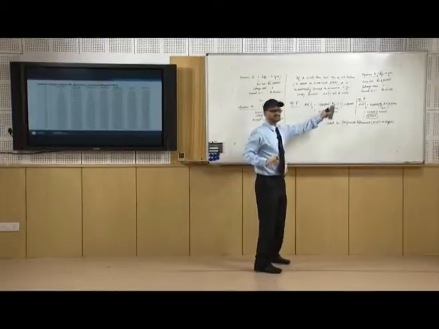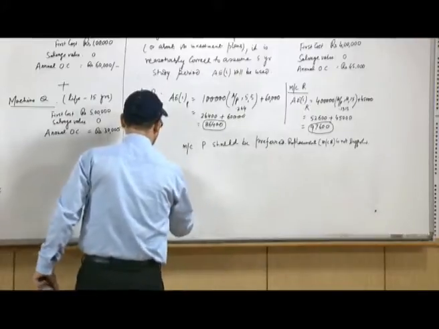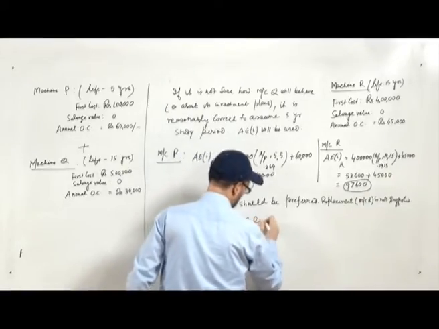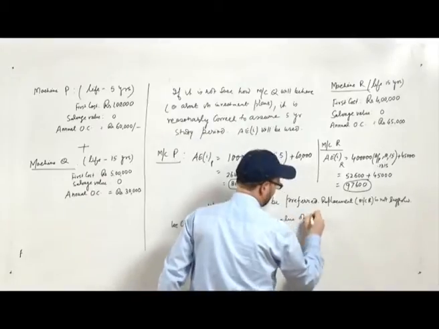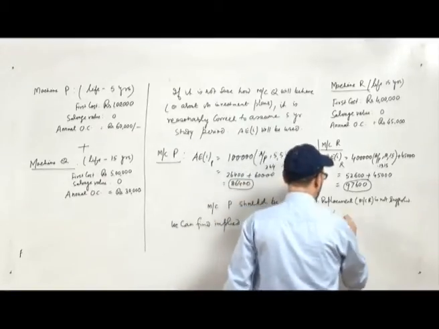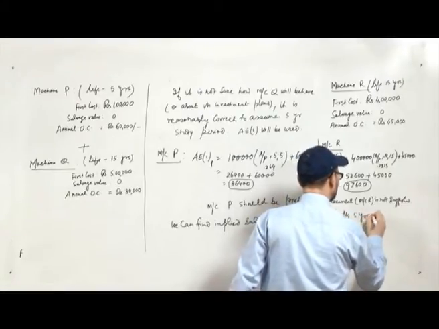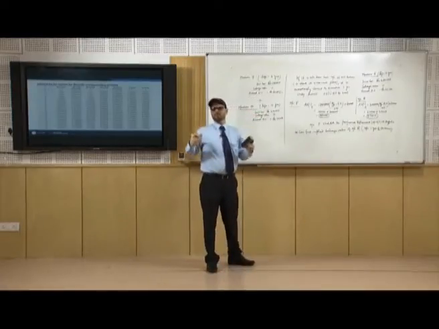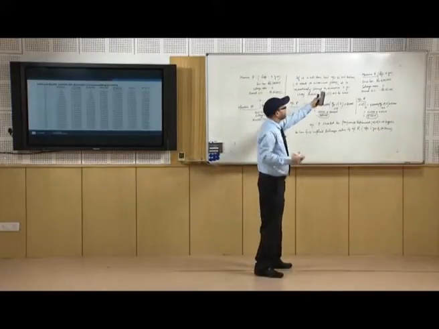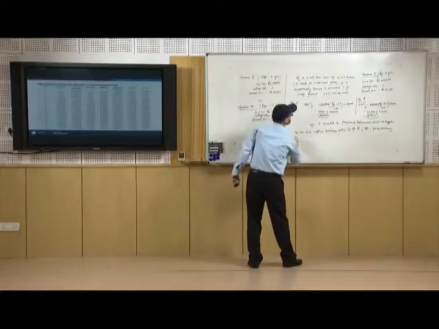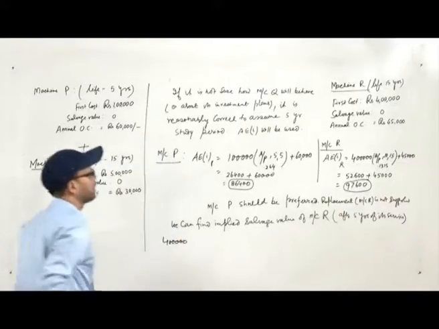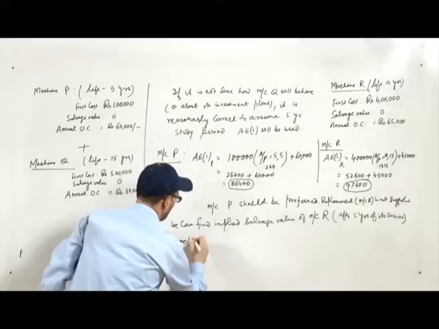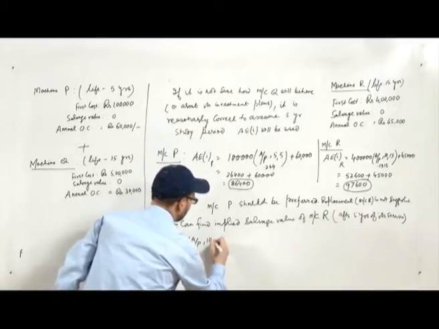We can find in this case also the implied salvage value of machine R after 5 years of its service. We can get it by solving 4 lakh multiplied by A by P 10, 15.